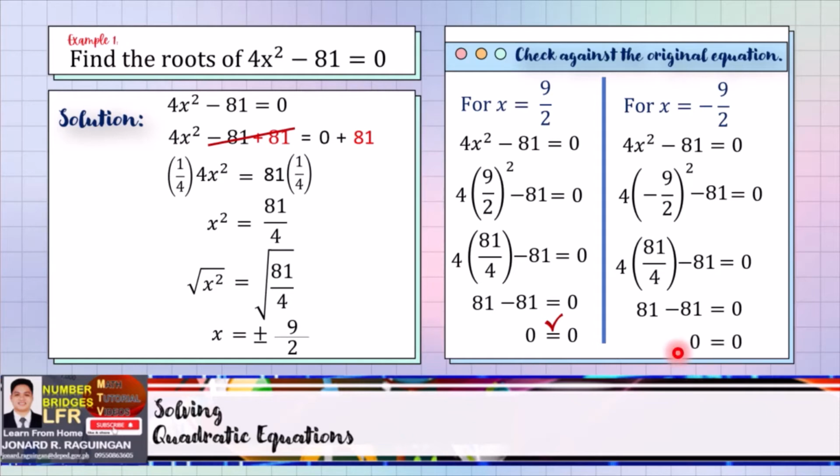And it is a true equation. Therefore, negative 9 over 2 is a solution of 4x squared minus 81 is equal to 0. Therefore, the roots of 4x squared minus 81 is equal to 0 are positive and negative 9 over 2.